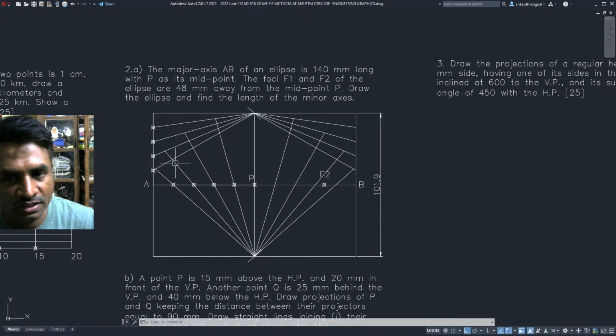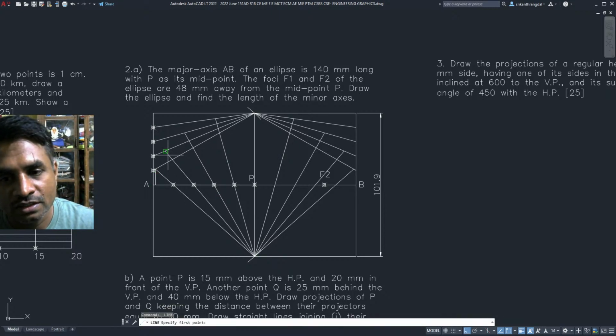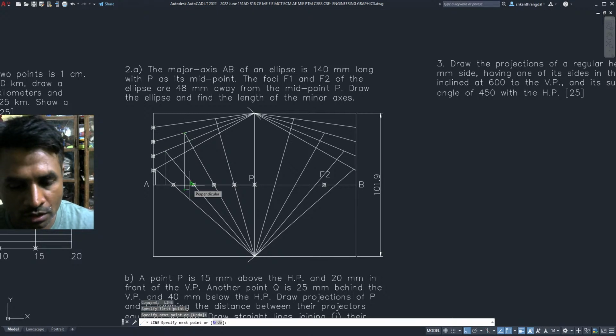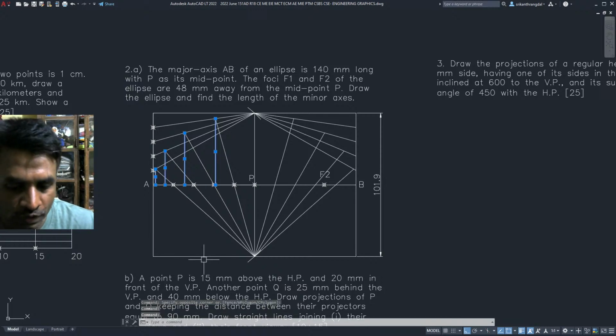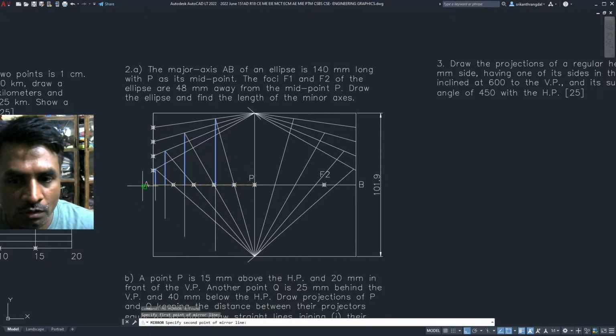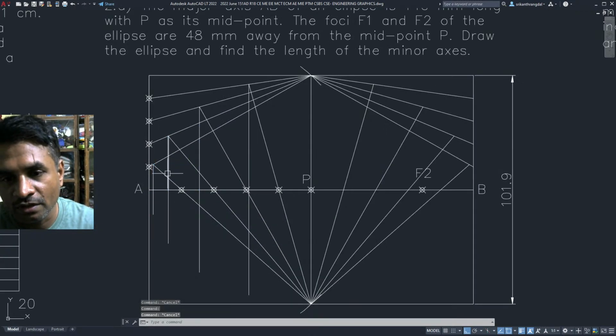I'd not suggest drawing these lines once again for the bottom part, but instead take these lengths to the center, this point to this point, and mirror them onto the lower side. Whatever length is there on the upper side, the same length we need to take here. So all these lengths are equal. This length is equal to this length is equal to this.